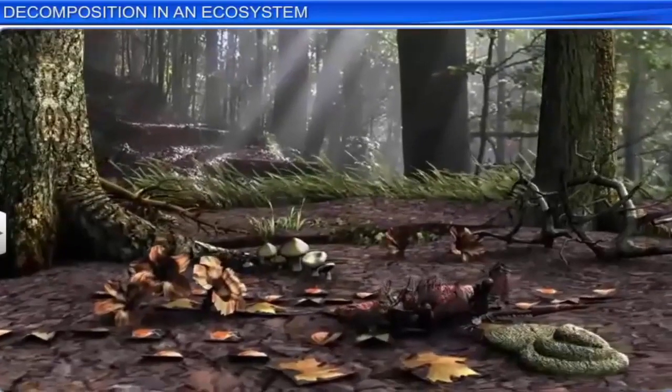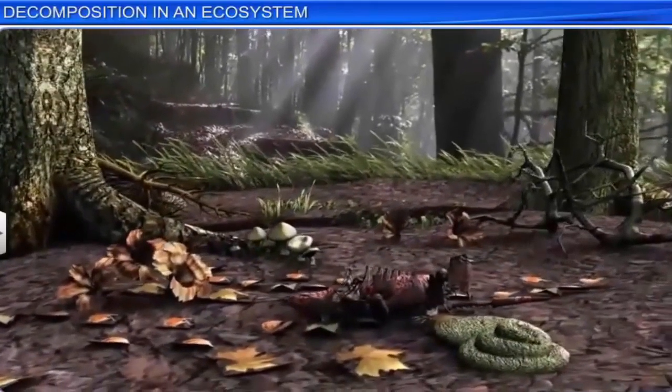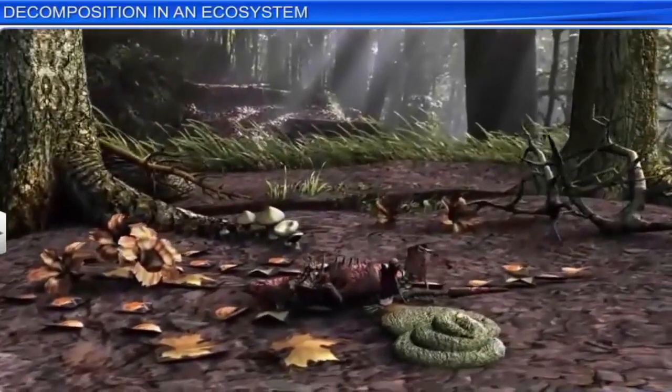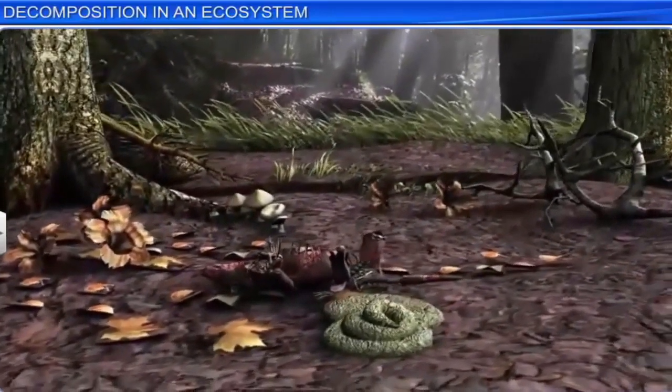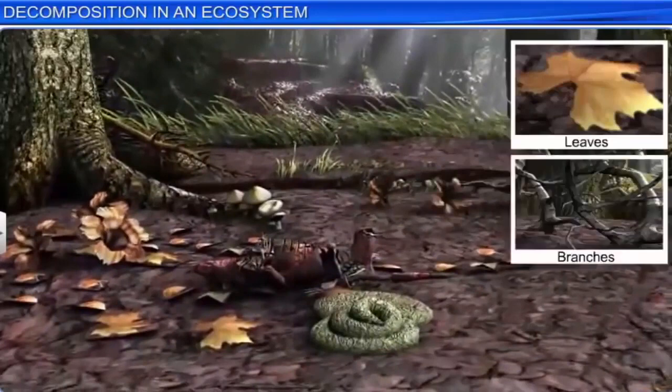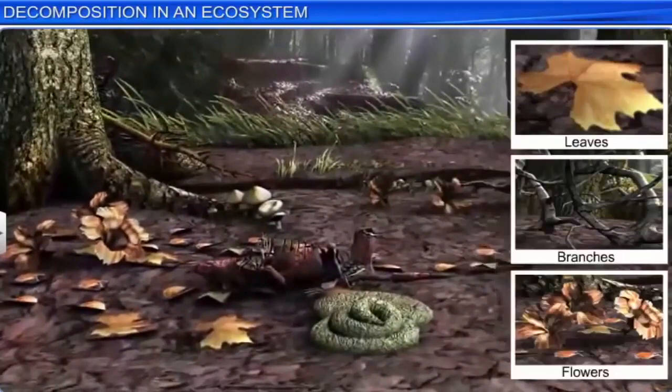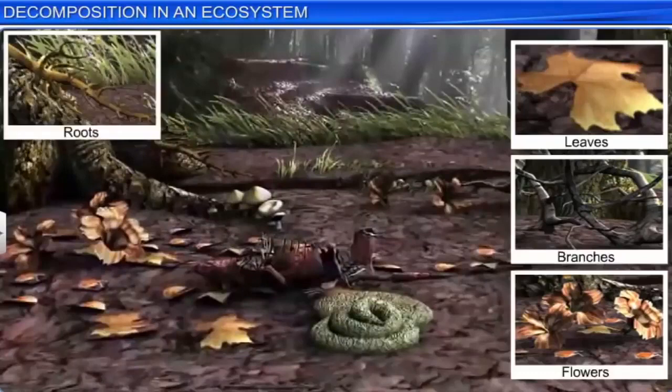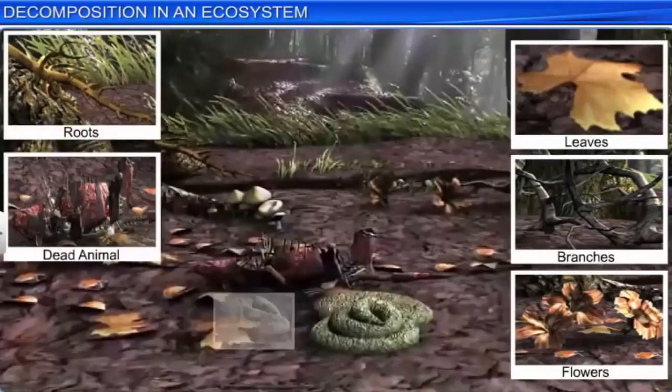The raw material for decomposition is the detritus, which comprises dead and decaying plant remains such as leaves, branches, flowers, roots, and dead animal remains, including fecal matter.